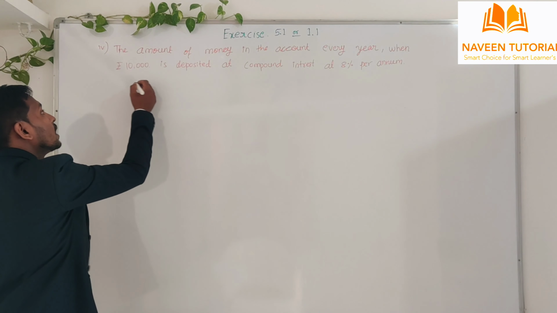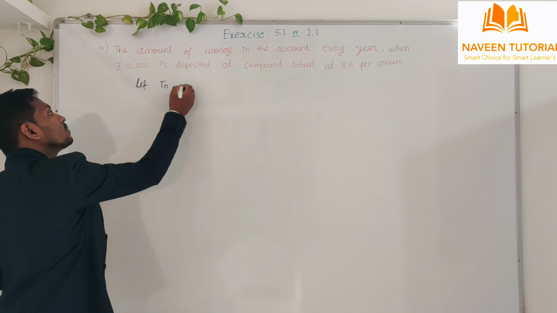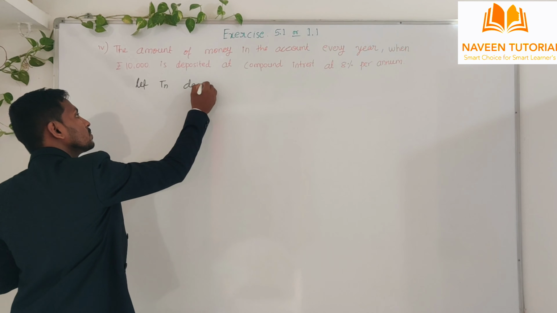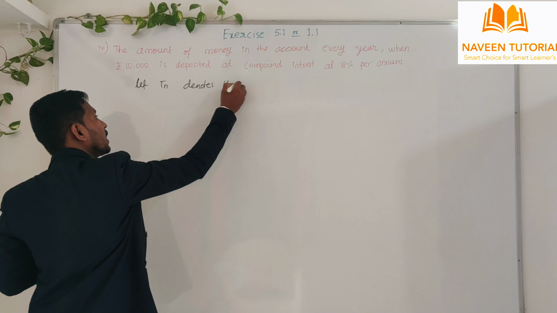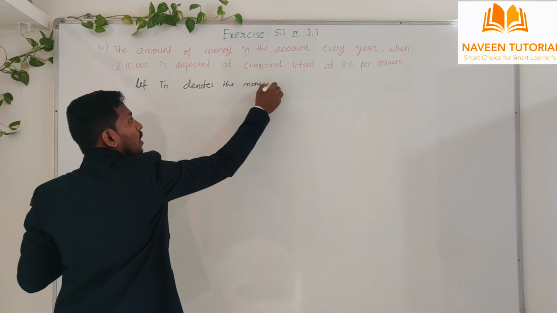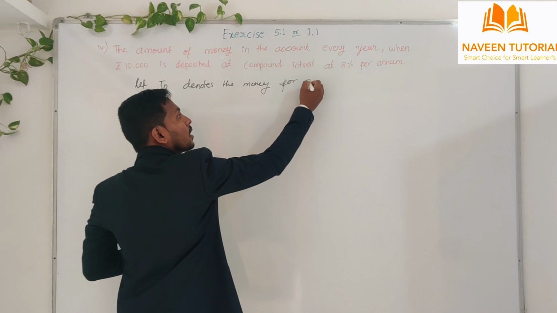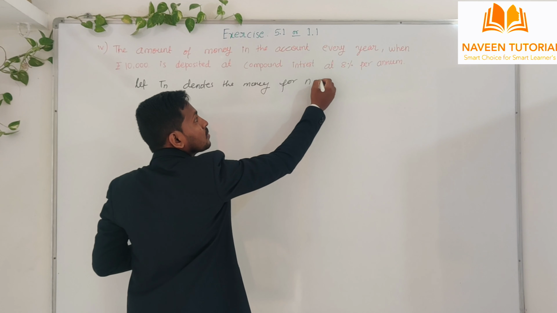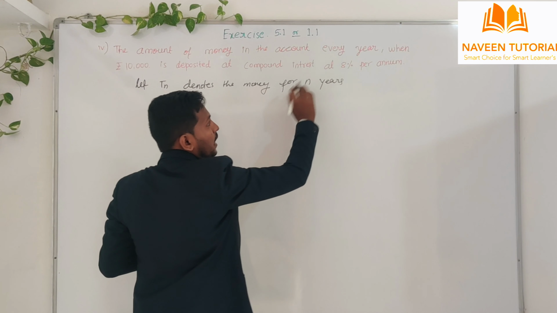So here, let Tn denote the money for n years. So we don't know n years.